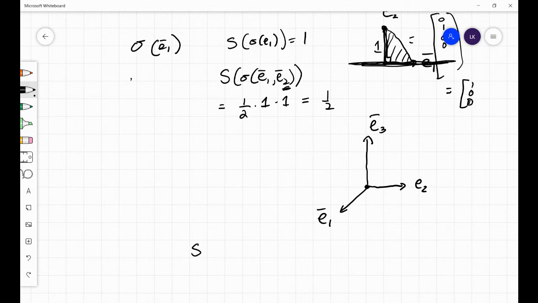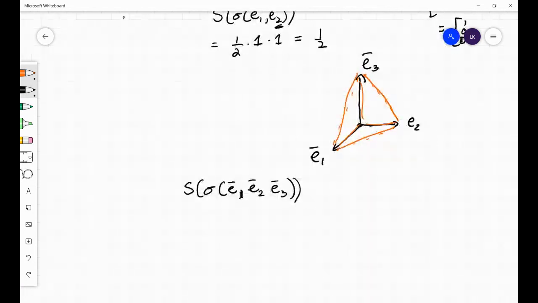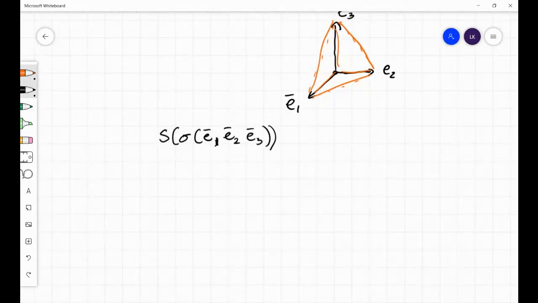So you want to compute the signed volume of the 3 simplex, where you created this ordered list of vectors. So that's a tetrahedron.